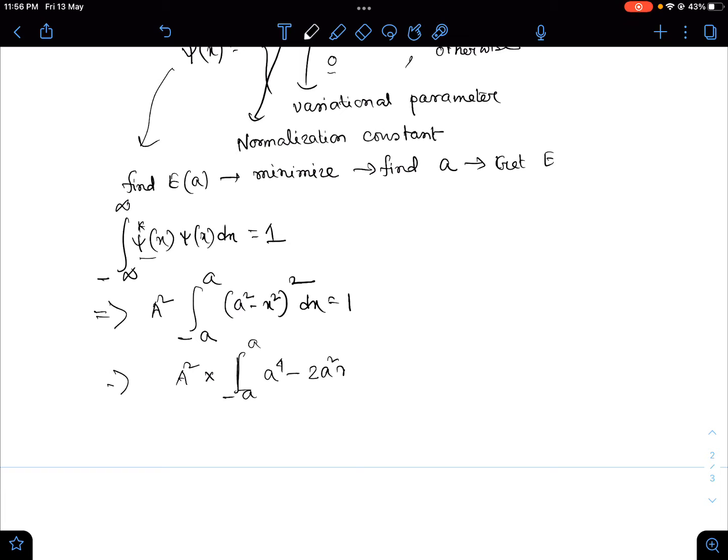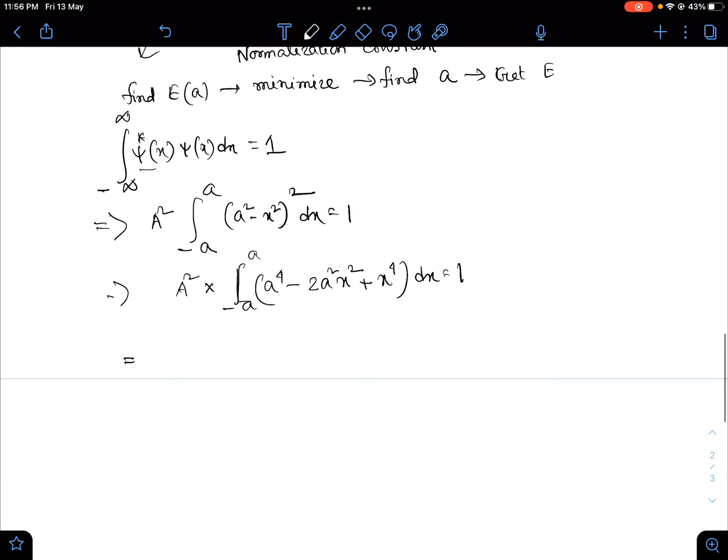So the integration will be a to the power 4 x minus 2/3 a squared x cubed plus x to the power 5 by 5, with limits from minus a to a.